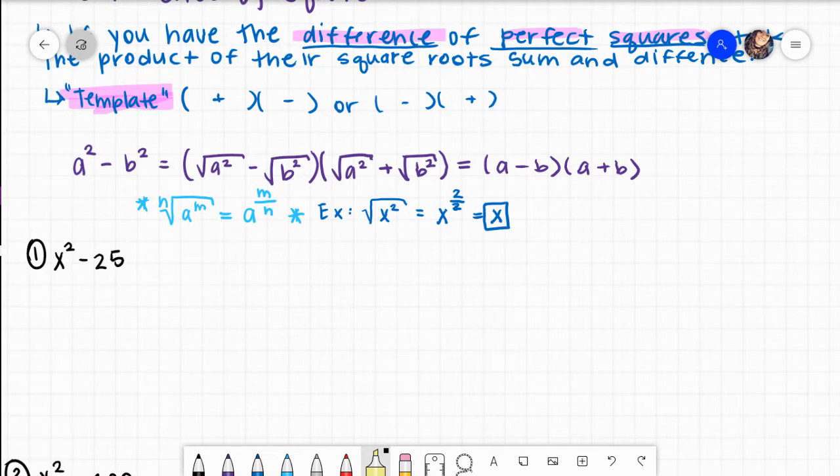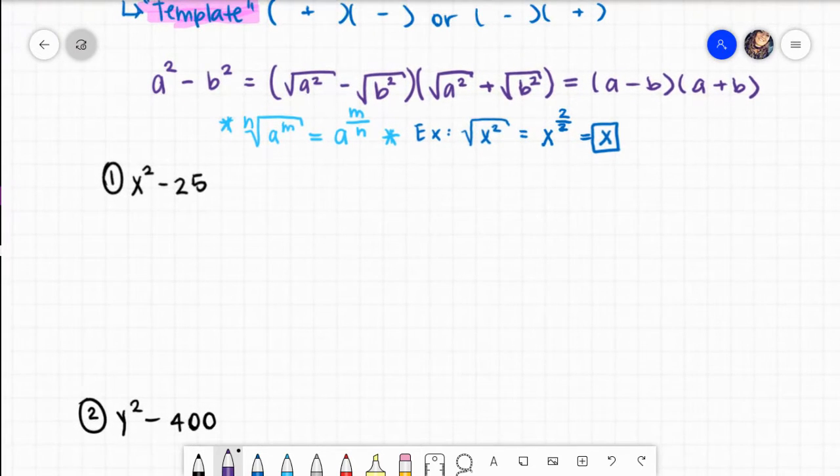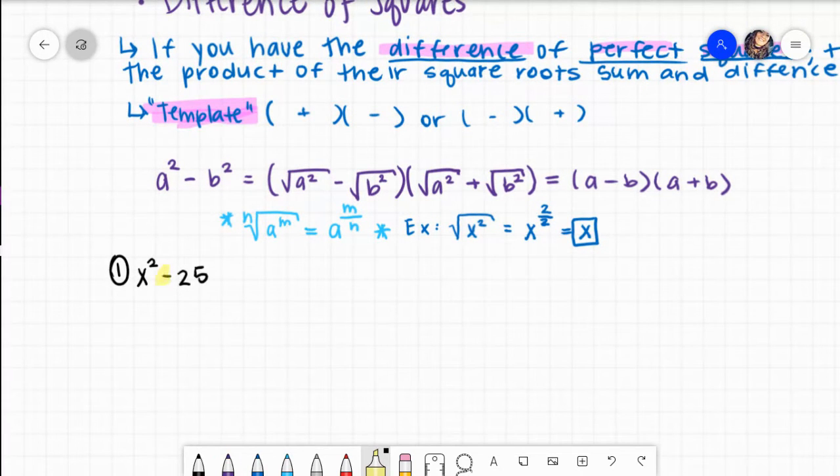Okay, so let's just go ahead and apply this. I'll do my work in purple. So here I notice that I have x squared, right? That's a squared term. I also have 25. That's a squared term. And I have the fact that there's a negative symbol right here, right? That's a difference. So what I have here is a difference of squares, right?